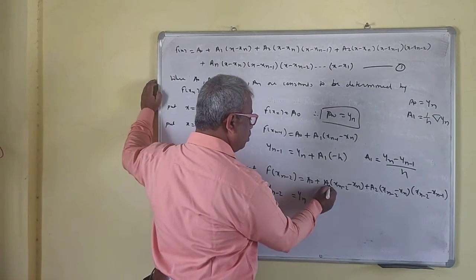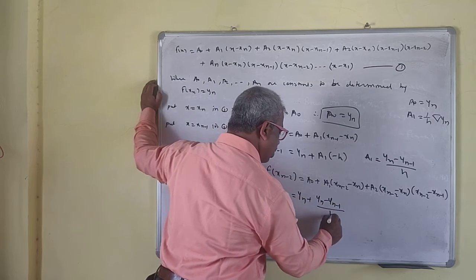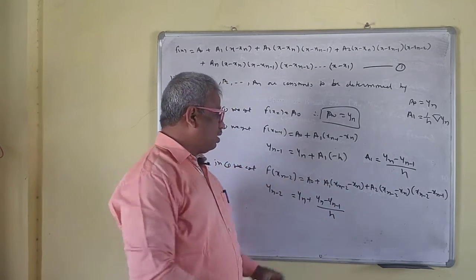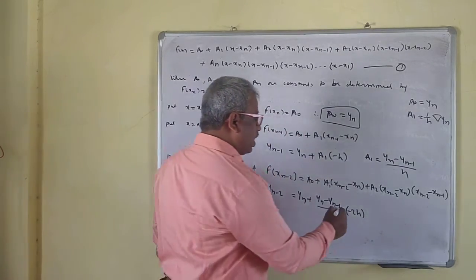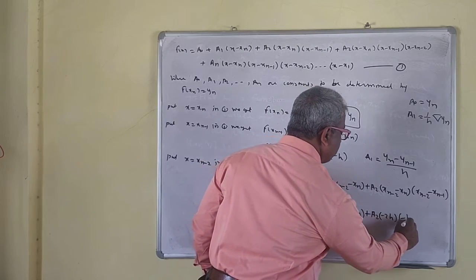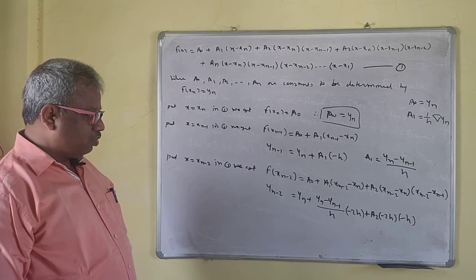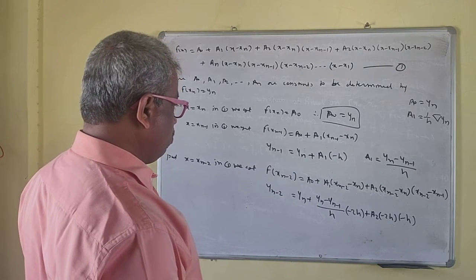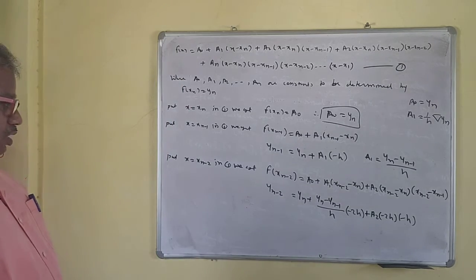Now this is a1, so that is yn minus 1 upon h. And this is xn minus xn, so this is minus twice h, plus a2. And this is minus twice h, and then minus h, since xn minus 2 minus xn minus 1 is minus h. Okay, so this is minus h.